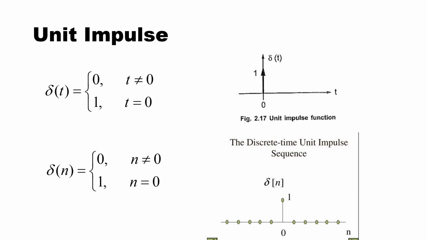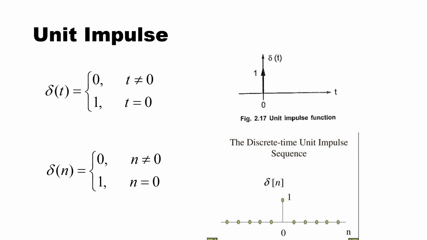Del t or unit impulse in continuous time is also called Dirac delta function, while unit impulse in discrete time is also called unit sample. तो डेफिनेशन दोनों की एक जैसी है कि it is 0 for t not equal to 0, it is 0 for n not equal to 0, it is 1 at t is equal to 0, it is 1 at n is equal to 0. But there is again a big difference.